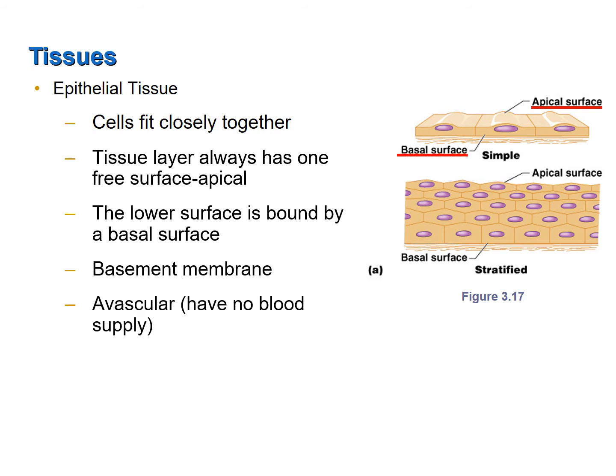They depend on oxygen and nutrients diffusing across their basal surface. However, if epithelial tissue is well nourished, it regenerates quite well. Think of how many times you've burnt the inside of your mouth or suffered a superficial wound to your skin. Within a few days, the wounds had healed quite nicely.